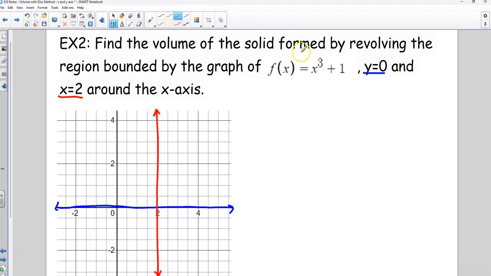And then let's do this in green. I would just make myself a little table here to make sure I got the points exactly right. So if I plug in 0, 0 cubed plus 1 will give me 1, so I've got 0, 1. If I plug in 1, I would get 2.